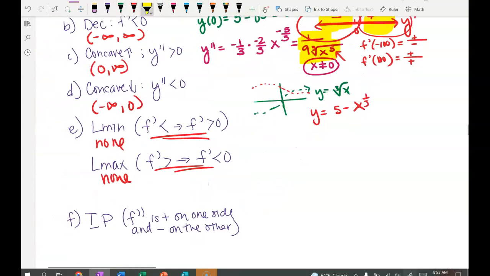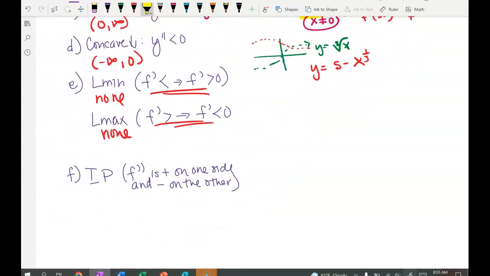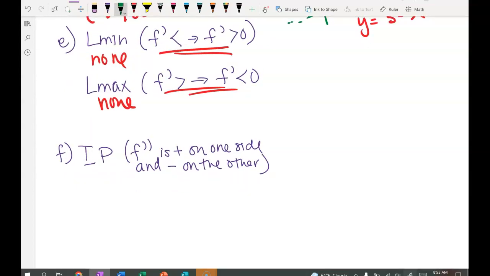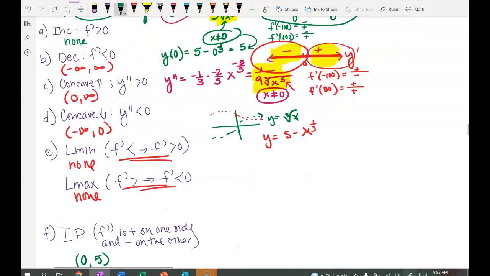So we have an inflection point, even though, again, the second derivative and first derivative do not exist at 0, but because it does exist in the original, we still have an inflection point. The inflection point is at x equals 0. Plug into the original, and we get (0, 5) because we did it right here, okay, and that's the end of example 4b.